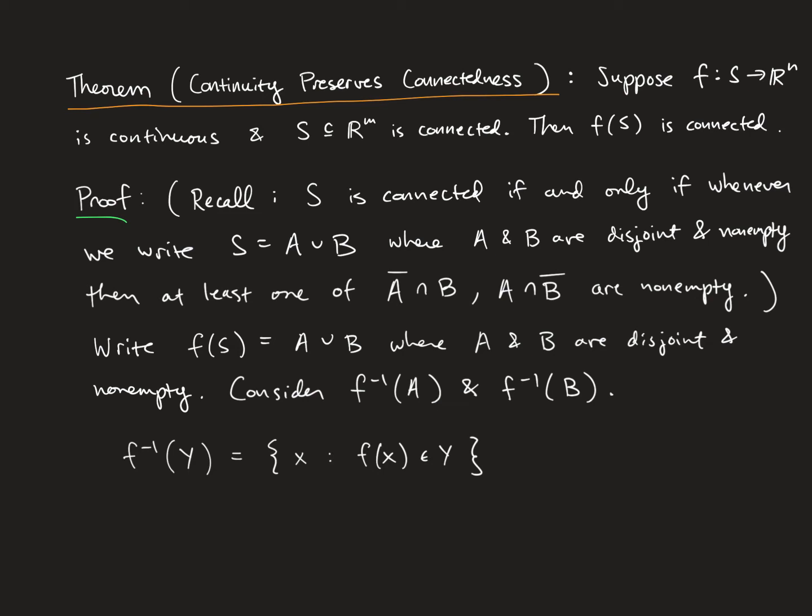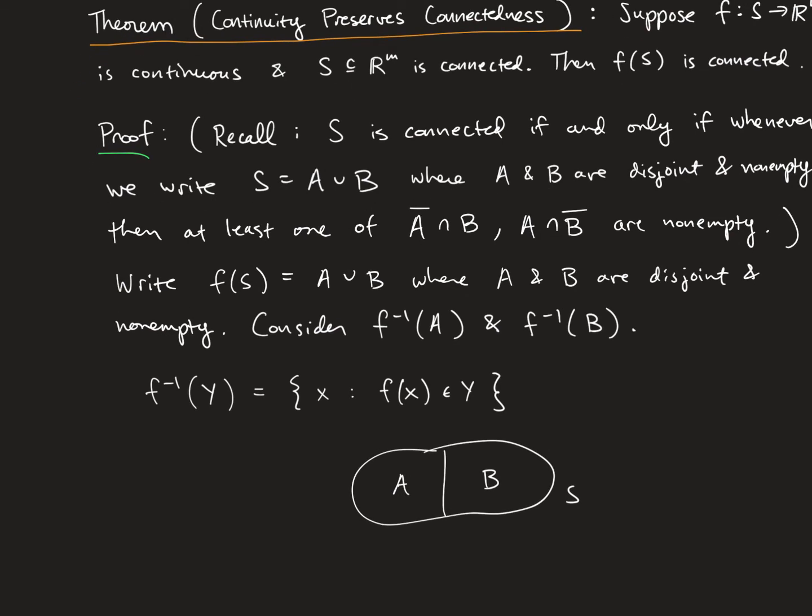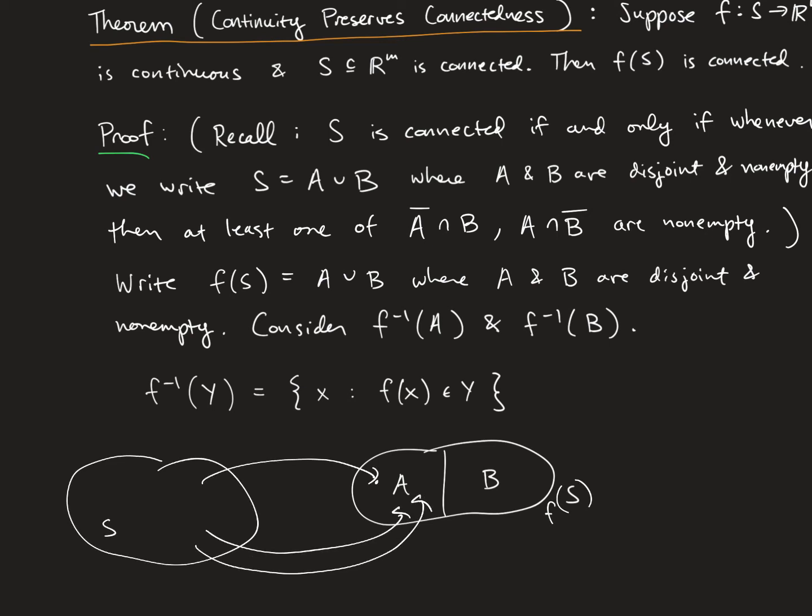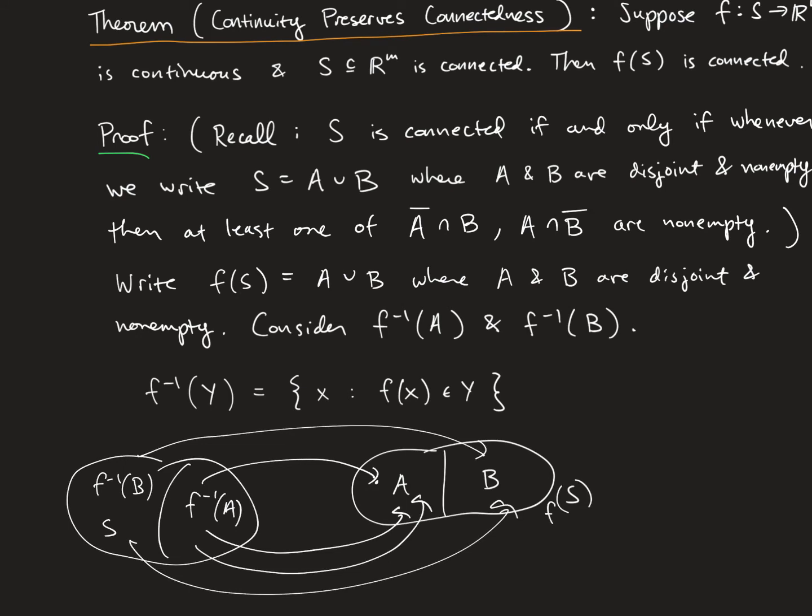If we look at our picture, this is f of S, and over here is S, and we're looking at everything that is going into A. That would be f inverse of A, and then f inverse of B would be everything that's going into B. Okay, so hopefully I'm making sense here.